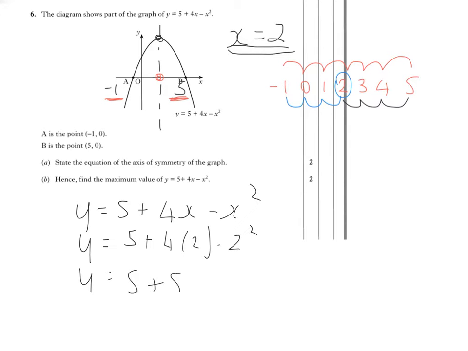That's 5 plus 8 minus 4. 5 plus 8 is 13, 13 take away 4 is 9. That means this curve goes up to a y coordinate of 9 up here. Therefore that would be its maximum value, and I'm just going to explain that pretty clearly to the examiner. The maximum value is equal to 9. And that's the end of the question.